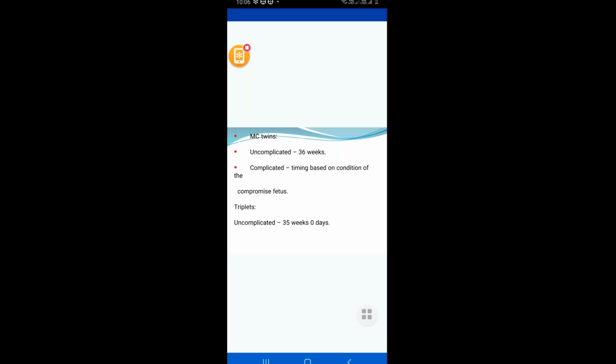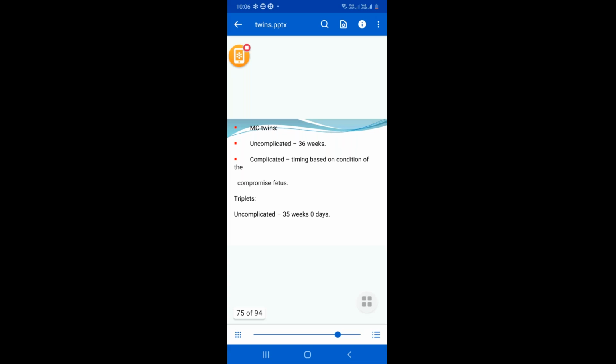If it is a monochorionic uncomplicated, wait till 36 weeks. If it is complicated, usually they say timing should be based on the compromise of the fetus. If it is triplets, it is 34 completed weeks, that is 35 weeks, 0 days. Usually the term varies when the number of fetuses increases.